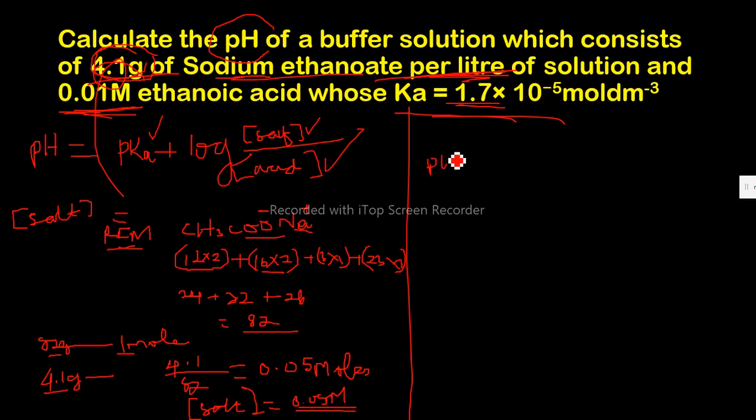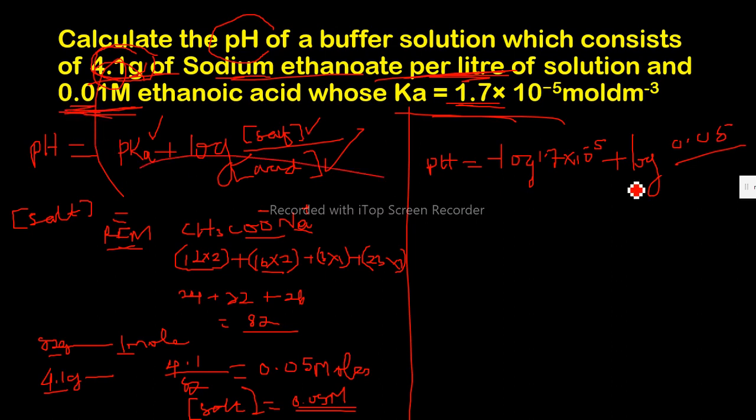So our pH therefore is going to be negative logarithm of our Ka, that's pKa, which is 1.7 times 10 power negative 5, plus log of the concentration of the salt, which is 0.05, divided by the concentration of the acid, which is 0.01.